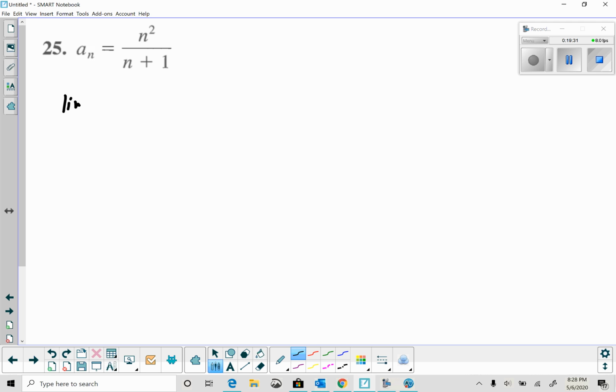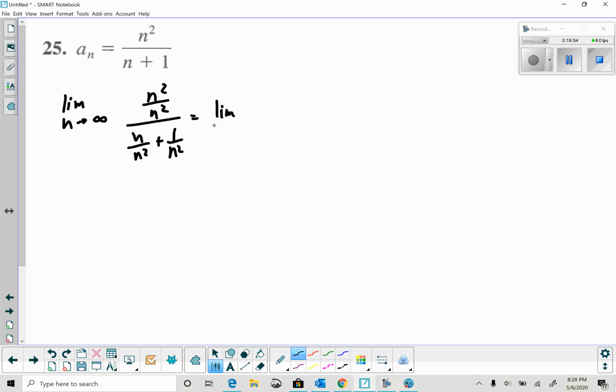If we want the limit as n approaches infinity, can we just skip to that little trick? We'll take everything and divide it by n squared: n squared divided by n squared, n divided by n squared, and 1 divided by n squared.